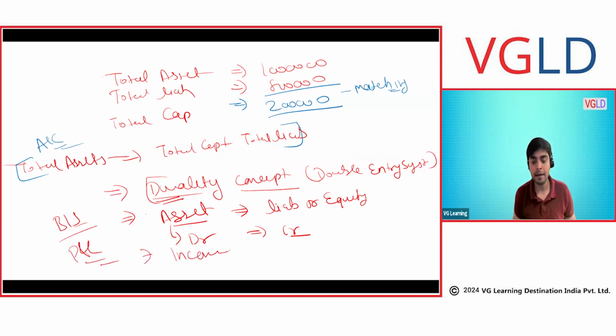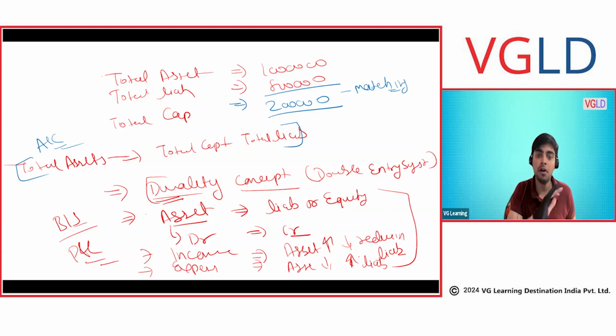For every income there is an increase in asset or reduction in liability. And similarly, for every expense there is a reduction in asset or increase in liability. Don't worry, I have not explained this. I'm just introducing you to duality. We are going to discuss it in detail.